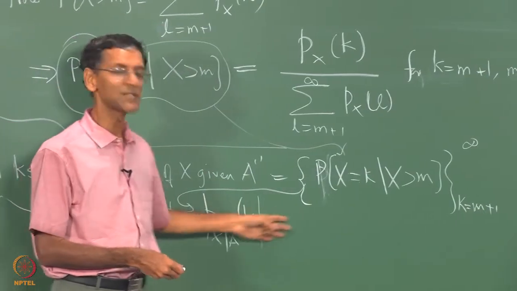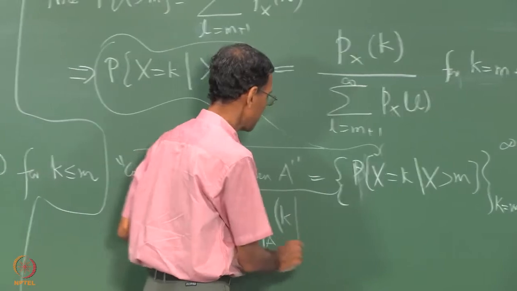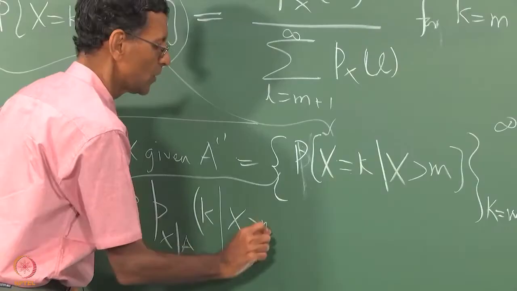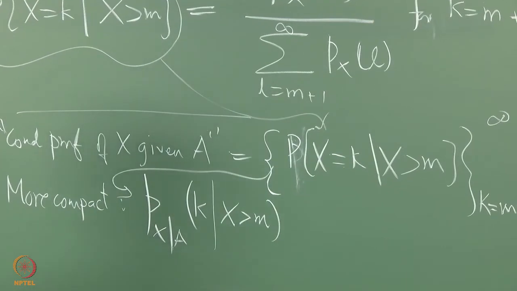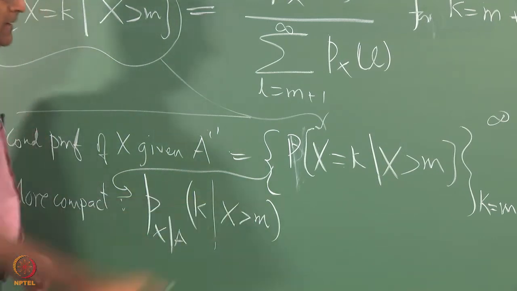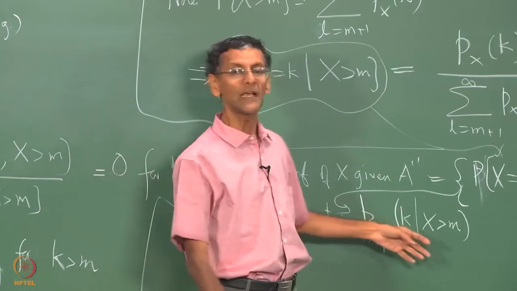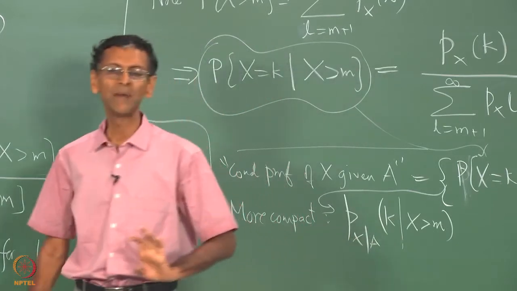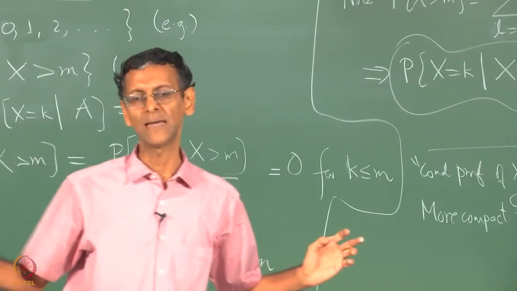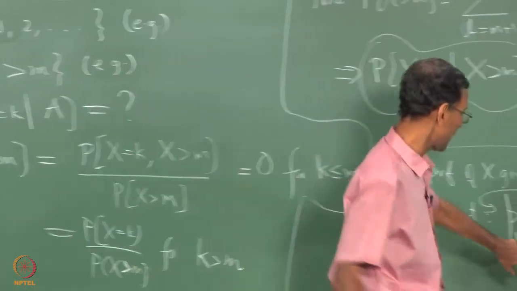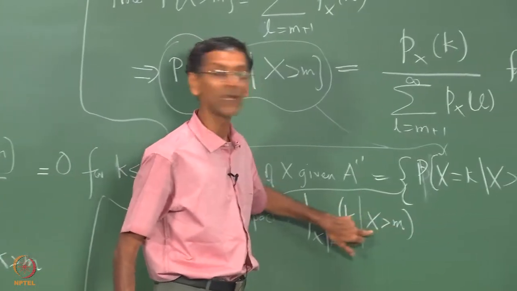More often than not, the event A is indicated this way with a vertical bar after the k. So please use only vertical bars here, no slanting bars, it's all in the same line. That is, this is a subscript line and this is the argument line.